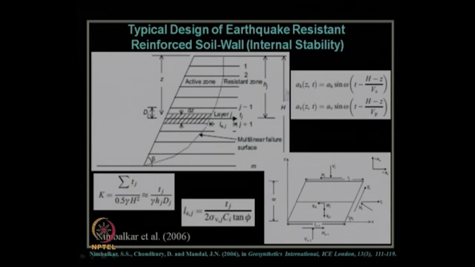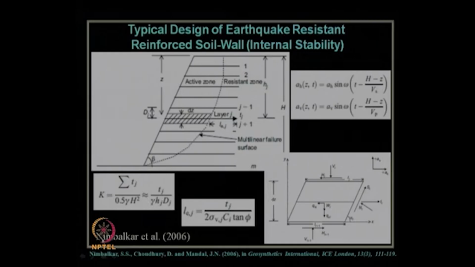Through the analysis using pseudodynamic approach by considering the seismic horizontal and vertical accelerations as given by these equations, finally, the strength of the reinforcement required to withstand a particular magnitude of earthquake is proposed by this non-dimensional parameter k, and Tj is the strength of that reinforcement in jth layer, and the length of that layer to be provided for the pull out resistance stability is expressed by this expression.